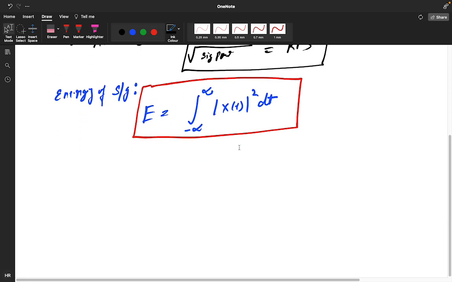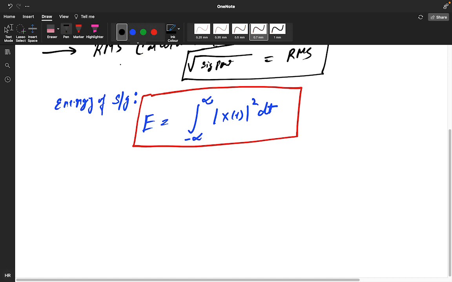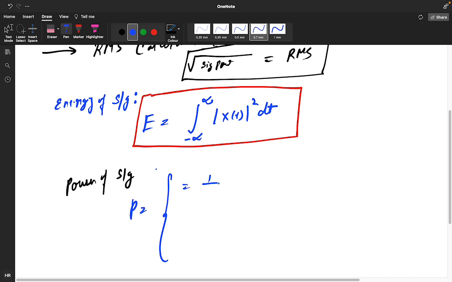And what is the formula for power of a signal? How will you calculate the power of a signal? There are two formulas. Power of any signal is 1 by time period, over the range of the time period, x of t whole square into dt.